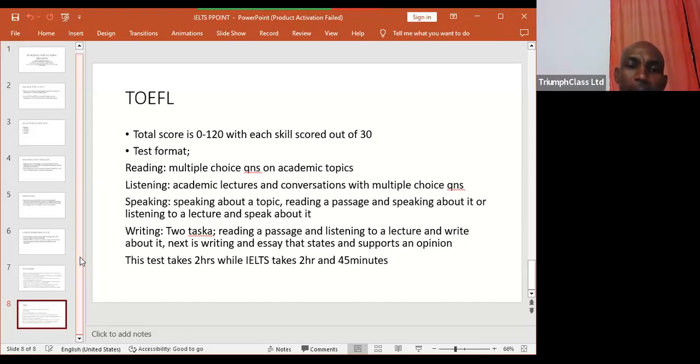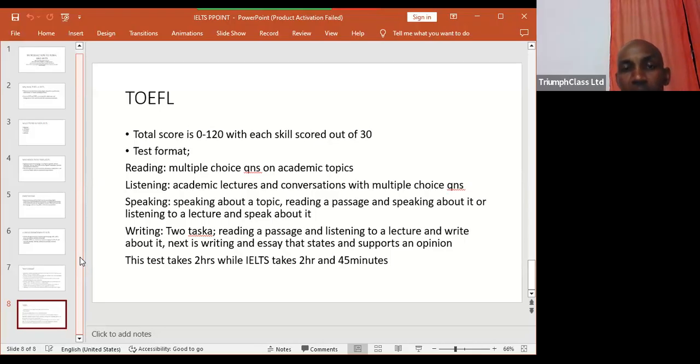In reading, this is a test that has multiple choice questions. They are basically on academic topics. So you choose the correct answer. The questions are given, and you are given A, B, C, and D from the multiple answers.